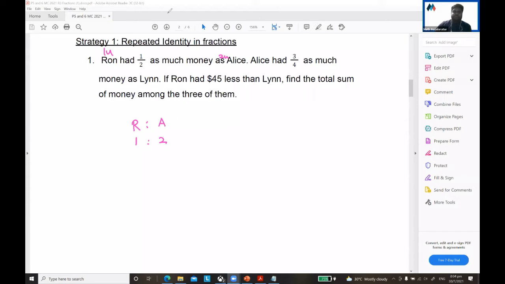Okay, good. So Alice has 3 units and Lynn has 4 units. Write down Alice is to Lynn, which is 3 is to 4. Now in the chat, can you type whose name is repeated twice?